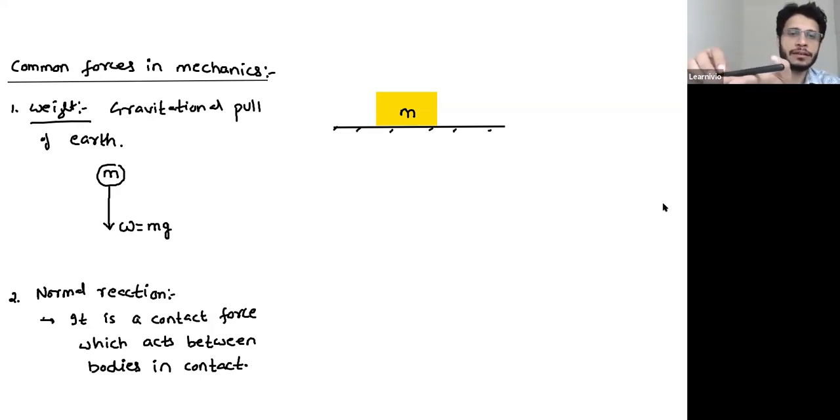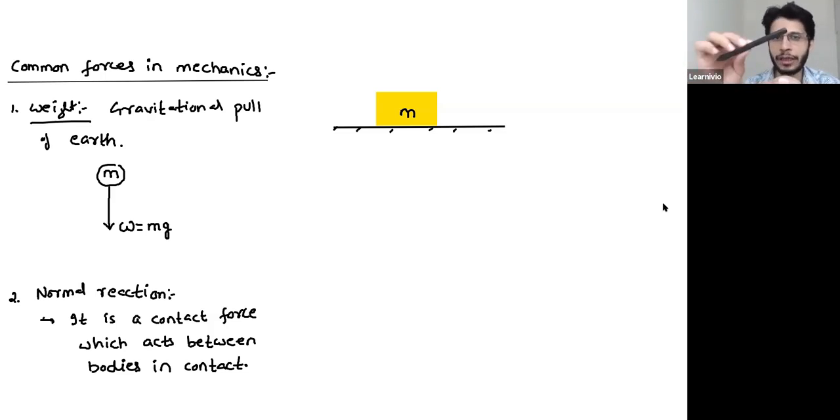Yes, exactly. Gravitational pull of Earth is acting on the pen even if this pen is at rest. But the net force on the pen is zero. That means there is one more force acting on the pen, and that force balances the weight. I'm repeating again. If I place this pen over my hand, the gravitational pull of Earth, which is known as weight, is acting on the pen.